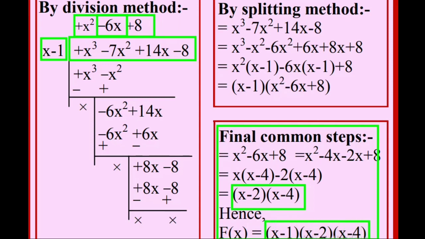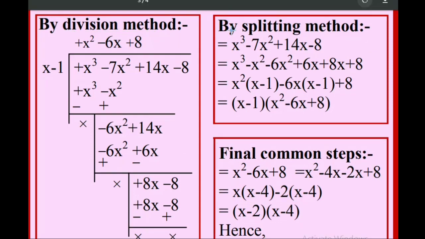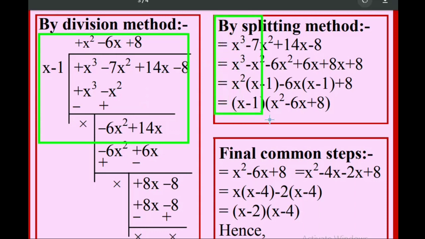Here, one process we followed to extract x minus 1 from the given polynomial, and that division process we understand. But this particular task is done here in a different way, so you should take interest in understanding this method too.